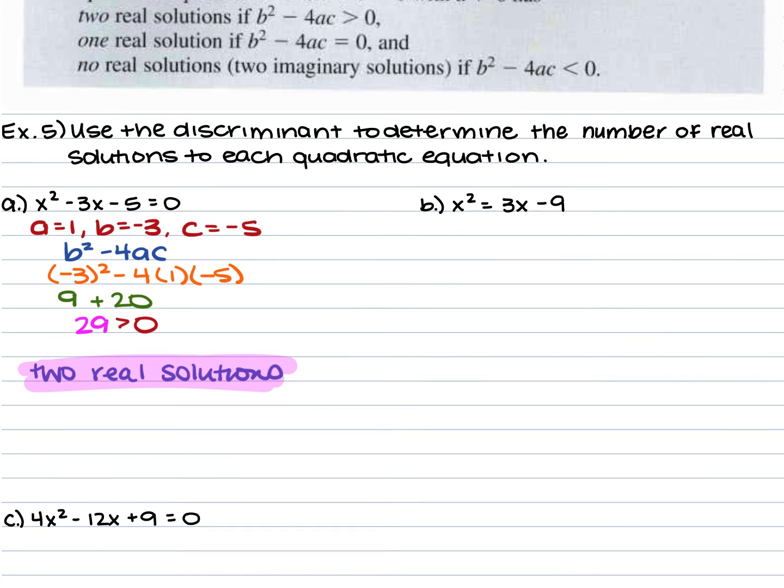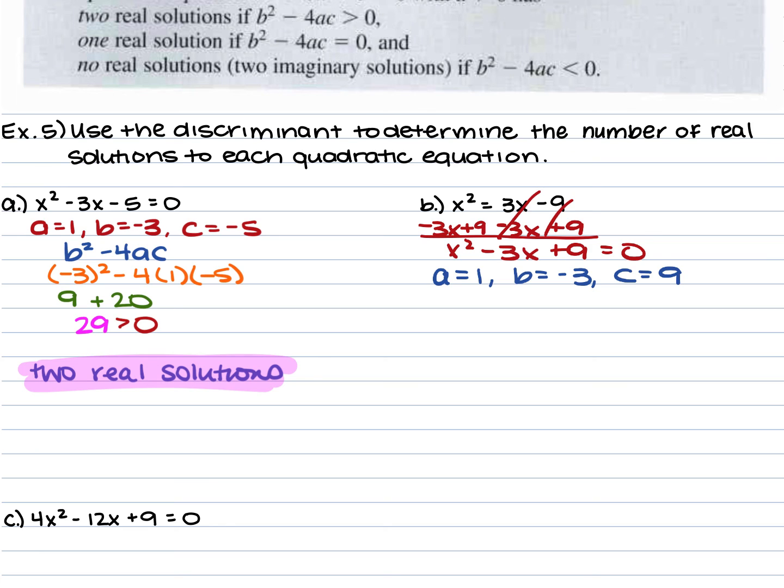For example B, we have x squared is equal to 3x minus 9. We're going to move the 3x over by subtracting it. We move the 9 over by adding it. So this gives us x squared minus 3x plus 9 is equal to 0. Now that our equation is equal to 0, we can identify a, which is 1, b, which is negative 3, and c, which is 9.